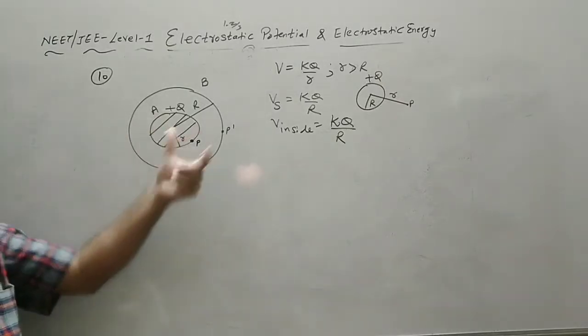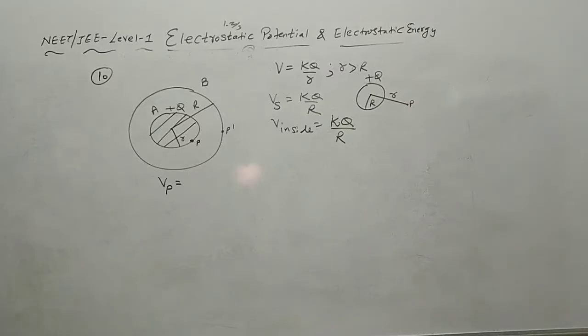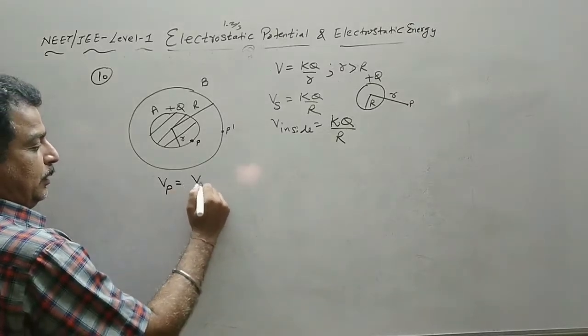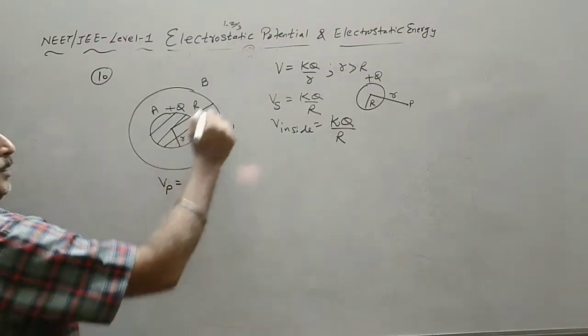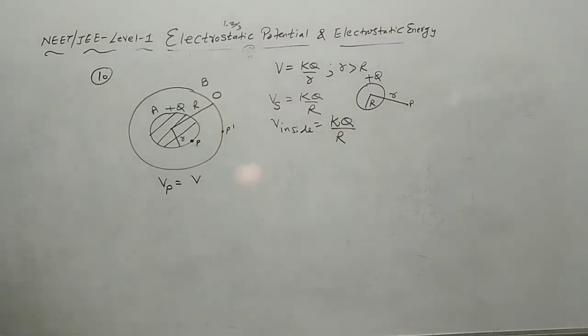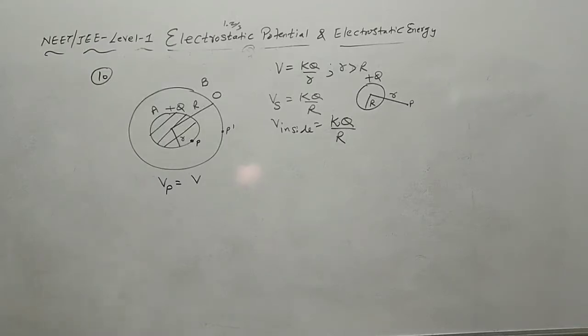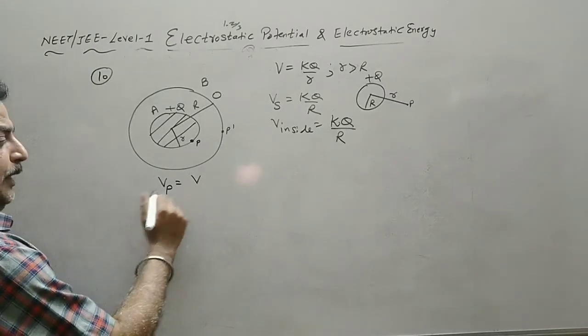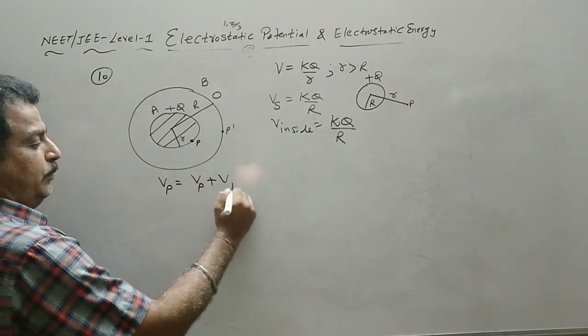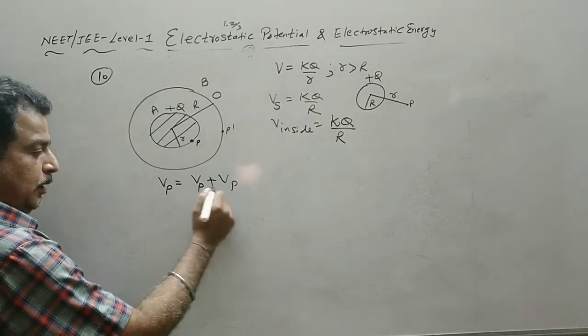So how will you find out the potential at point P? So potential at P, we have two sources now. Though the charge on this is 0, initially the charge on the sphere B is 0. It is given that. So potential at P, you write this as 2 times. Now how will you read this?